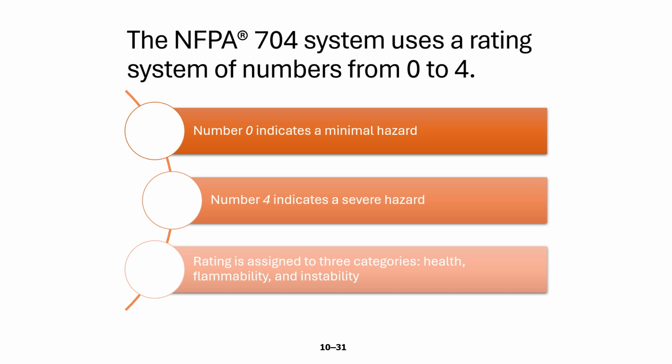Specifically, it uses a rating system of numbers from 0 to 4. 0 indicates minimal hazard, whereas number 4 indicates a severe hazard. The rating is assigned to 3 categories: health, flammability, and instability.